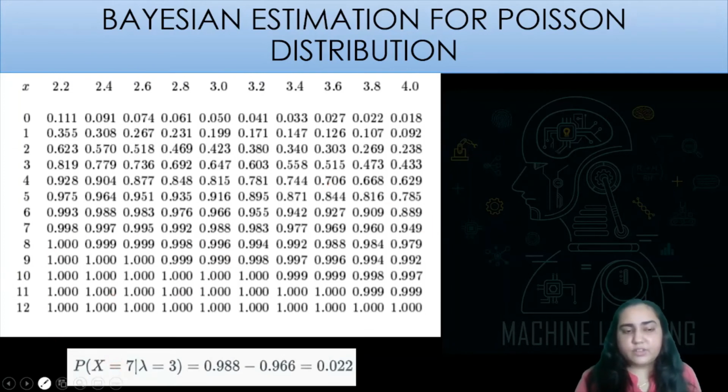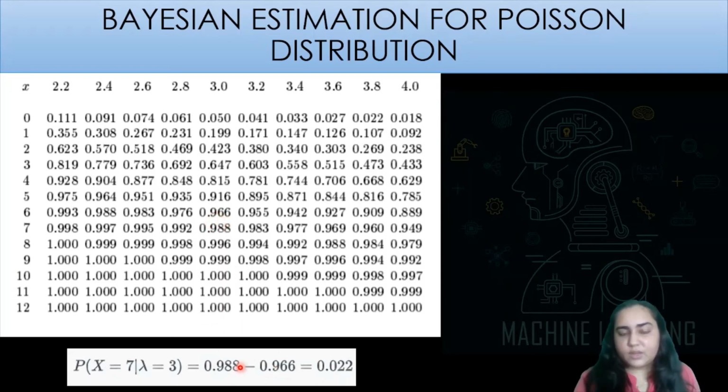So from this table, if I want to find out x equal to 7 given lambda equal to 3, I just have to search for x over here on this side. So 7 is here. Lambda is 3, so I have to search for the value 3, which is here. So I have to go in this row and search, which is 0.988. Check what is the value above that. So the value above that is 0.966.